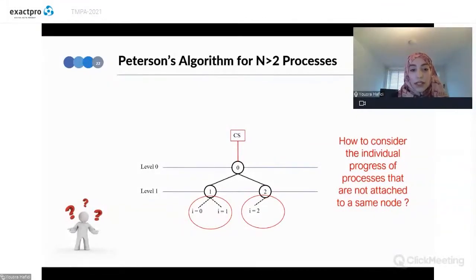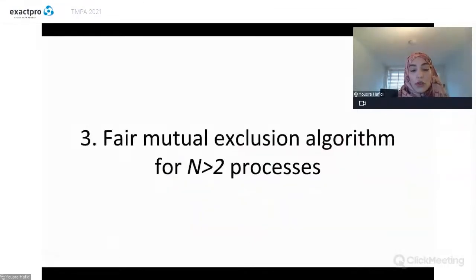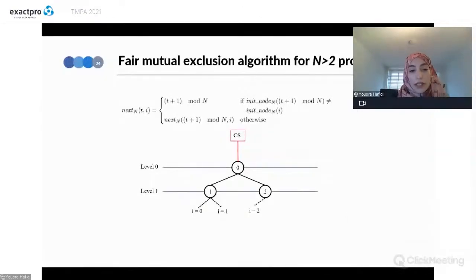So we got inspired from the counterexample, and we proposed a new variation of this algorithm in which we propose a fair mutual exclusion algorithm for more than n processes in order to satisfy this property. The first thing that we have done is specifying this next variable.